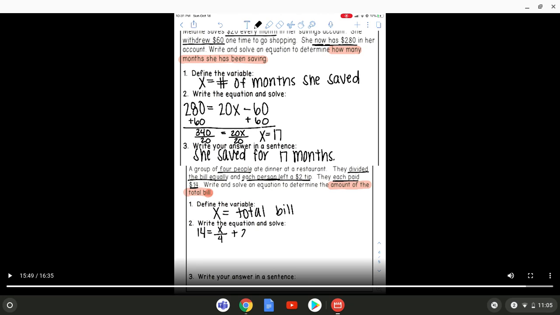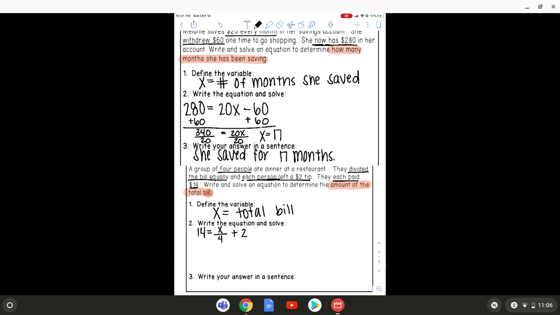And then remember, each person left a $2 tip. So each person paid $14, and that $14 included 1/4 of the bill and a $2 tip. And that's how we make our equation.